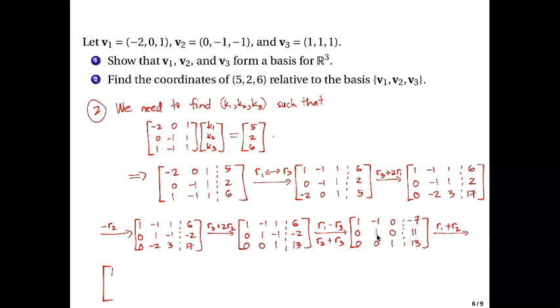Negative 1 plus 1, that's 0. 0 plus 0, that's 0. Negative 7 plus 11, that's 4. And then we just copy the second row and third row. 0, 1, 0, 11. And then 0, 0, 1, 13. Okay?